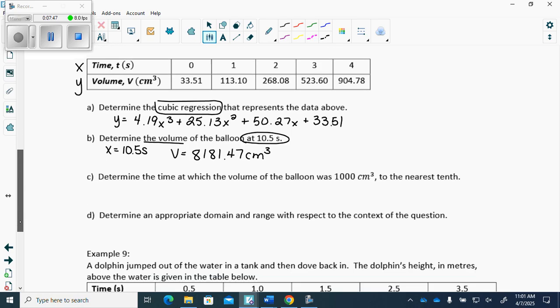Then this one says, determine the time at which the volume of the balloon was 1,000. So once again, they gave us y. And now we want to calculate where they intersect.